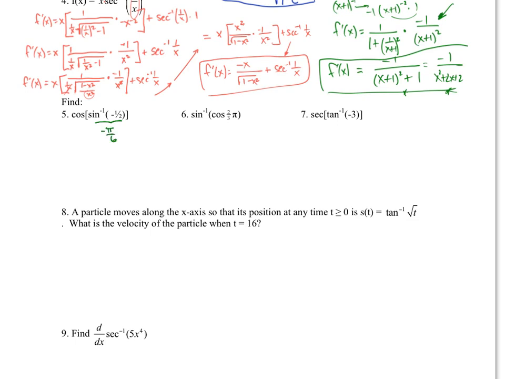We take a look at our unit circle, which we should have memorized by now, right? You all know your unit circle so well. At pi over 6, I have the coordinate root 3 over 2, comma 1/2. At negative pi over 6, I would have root 3 over 2, comma negative 1/2. So that's where this one comes into play.